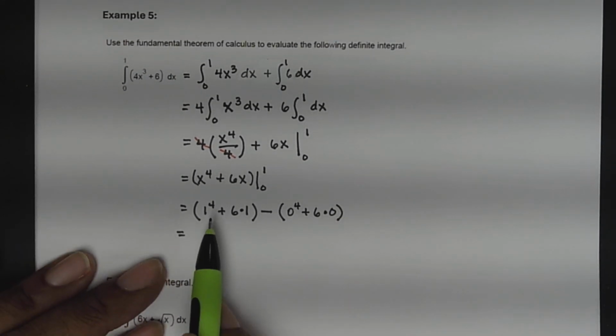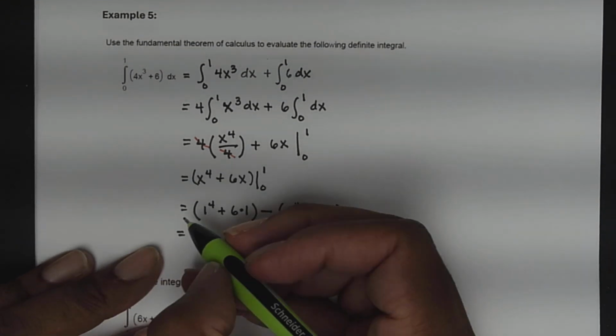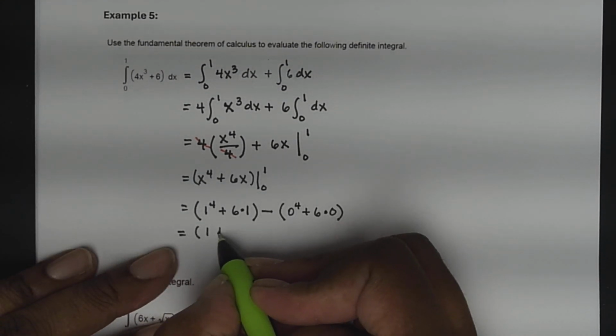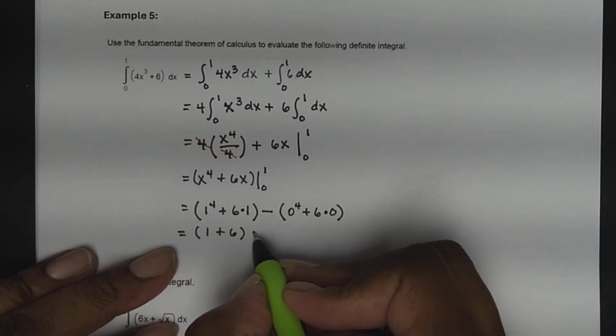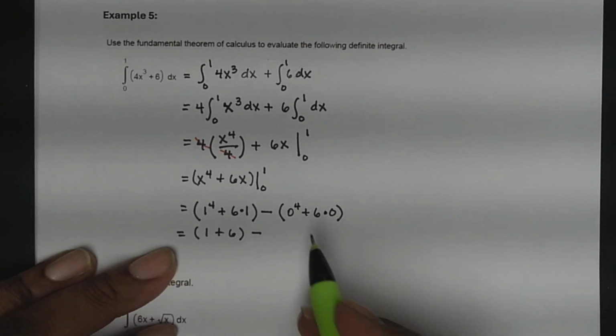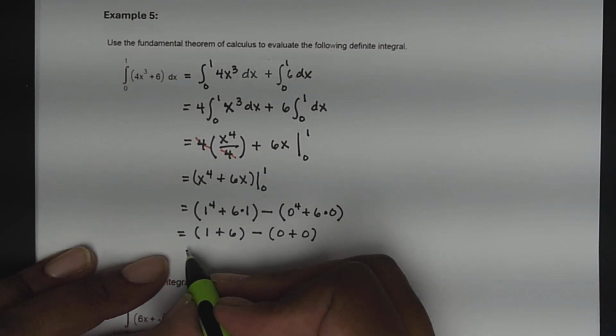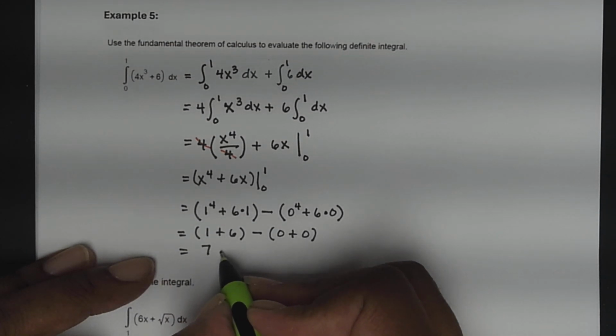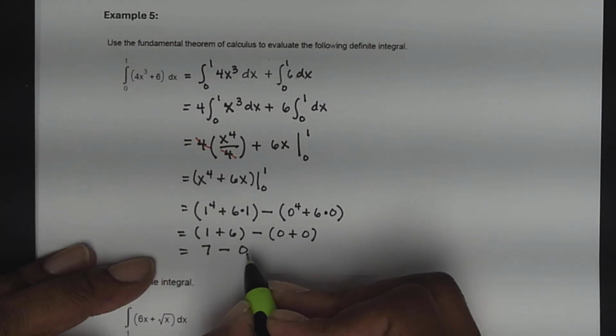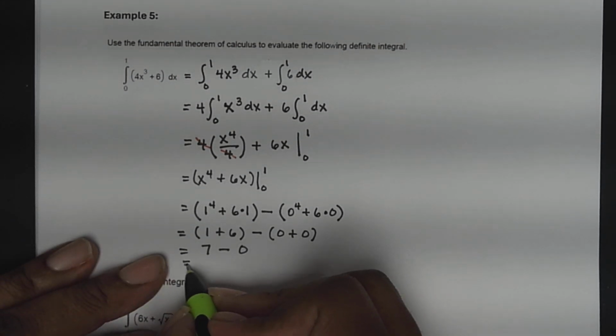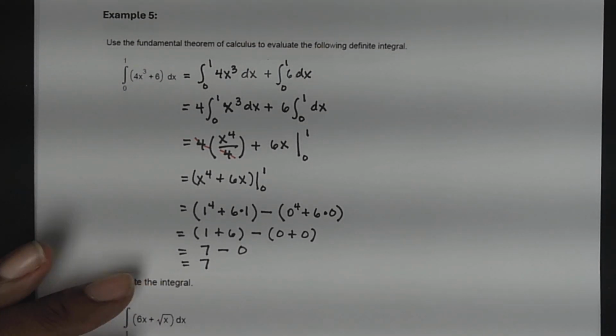If I simplify this a bit, 1 to the 4th will be 1, plus 6 times 1 will be 6, minus, and I know what this is, 0 to the 4th is 0, plus 6 times 0 is 0. 1 plus 6 is 7. 0 plus 0 is 0. 7 minus 0 ends up being 7.